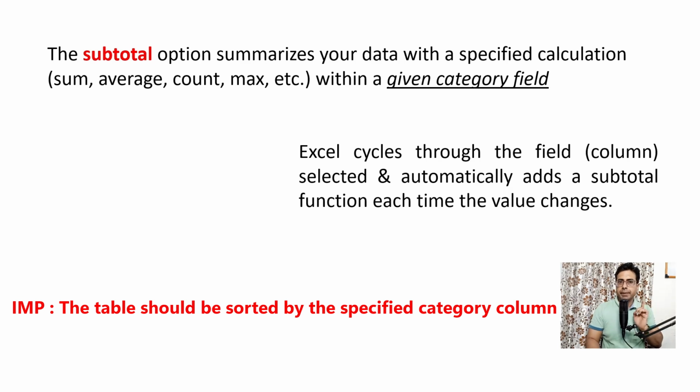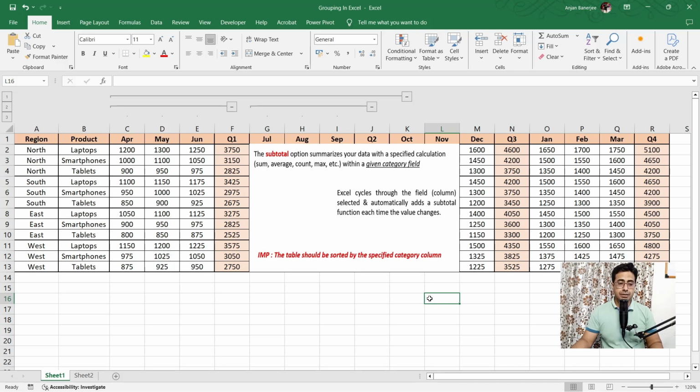But one very important thing that you need to remember is the table should be sorted by the specified category column, right? So, what does it mean? In our case, we are doing the total based on region, so the category is the region, which is north, south, east and west.